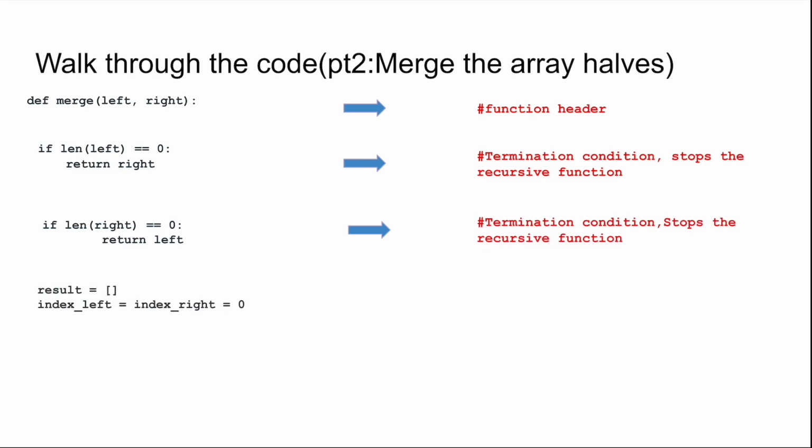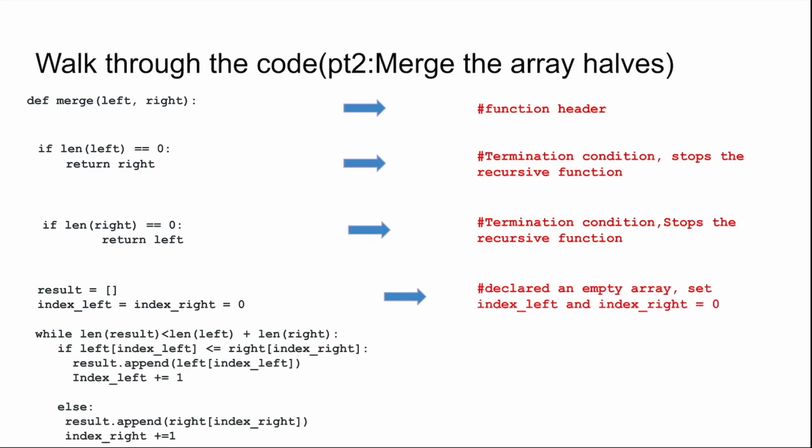An empty list of results is declared, and the variables index left and index right are set to 0. Then the program will loop through the left and right lists, comparing the elements in the lists and returning the sorted list.